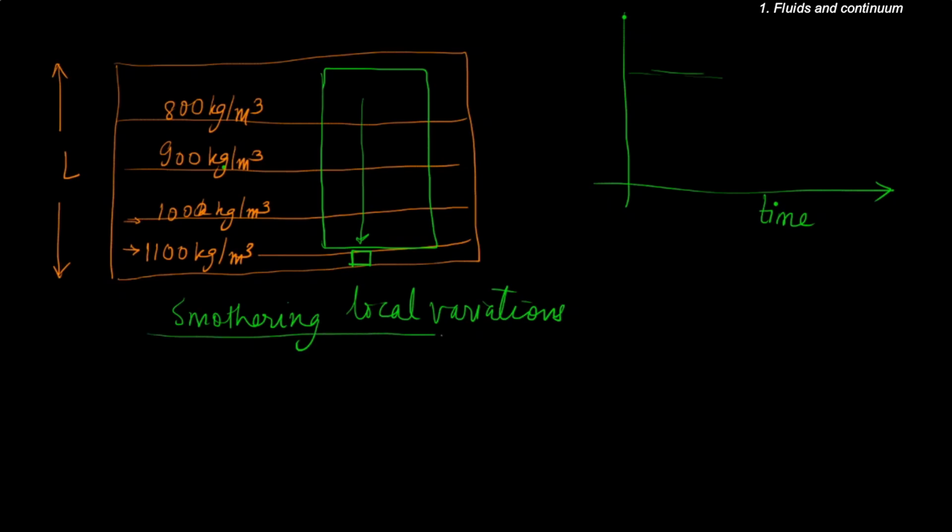And this is not of particular interest to us because as engineers or physicists or mathematicians, whatever area you are working in, you ideally want to know how the density varies locally. So from 1100 it changes to 1000, it changes to 900, while I am still maintaining a field description, meaning instead of discrete particles, I am still able to say the density is a function of space. So I'm losing out on a lot of information.